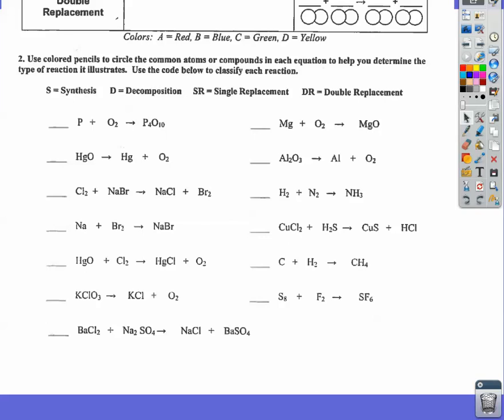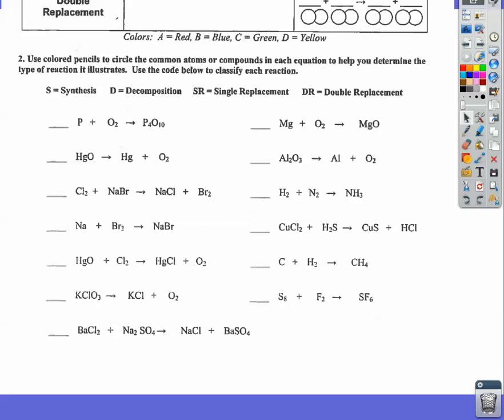There's only one replacement that's occurred, as opposed to this one here, where Cu comes over here and pushes out the H2 to create CuS. But then the H comes back over and fills back in where the Cu had left to create HCl. So that would be an example of a double replacement reaction. So we have two replacements occurring there. So those are just some examples.